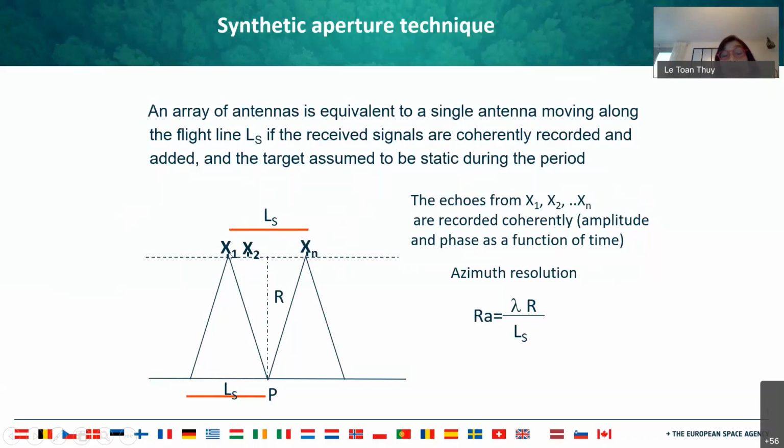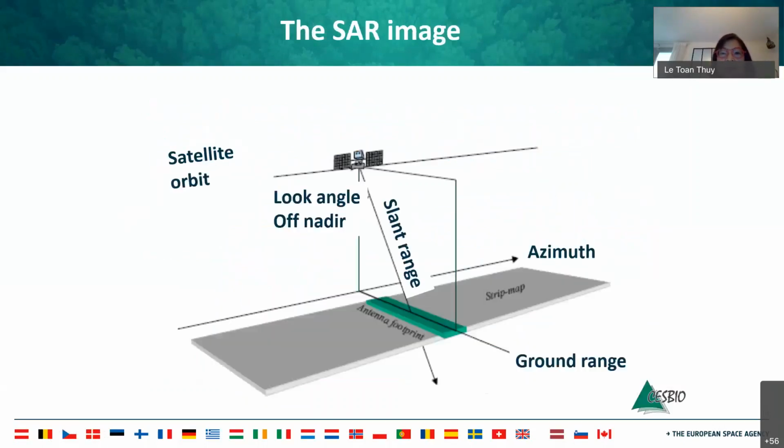The distance from X1 to Xn is the equivalent of a virtual antenna LS, and so the azimuthal resolution is lambda L over LS. So LS could be very large, so you can have a good resolution in the azimuth direction. So that is the principle of synthetic aperture radar.